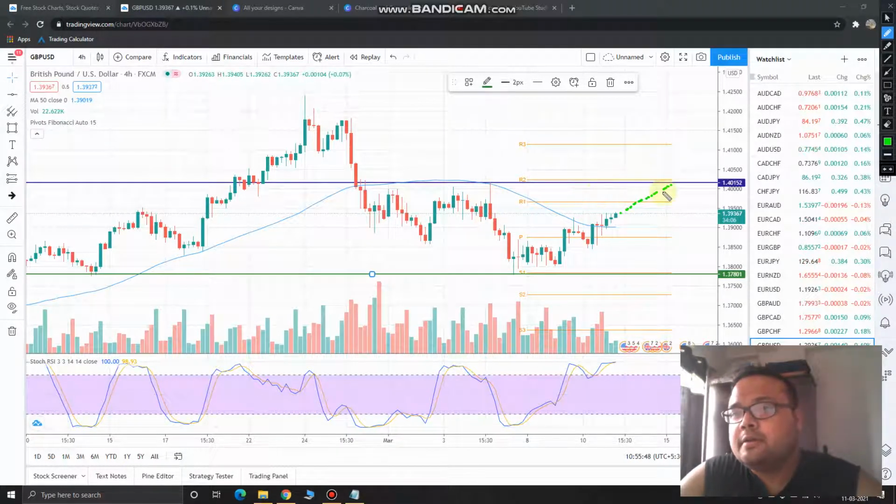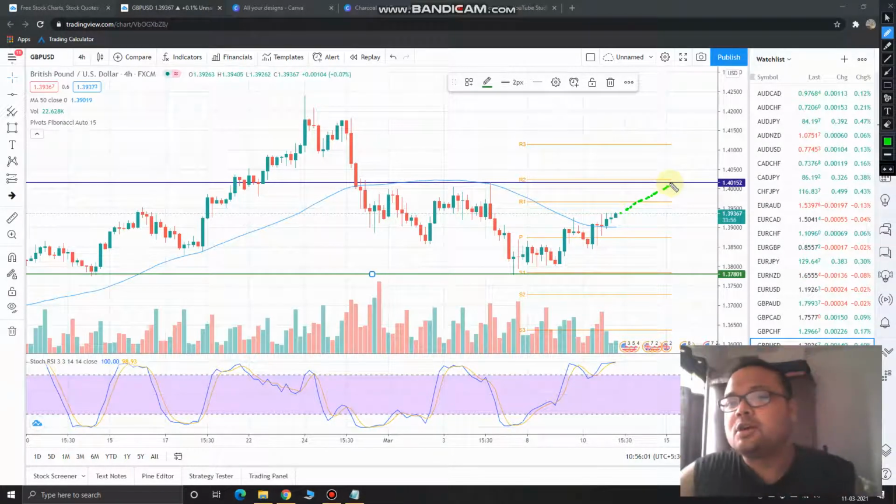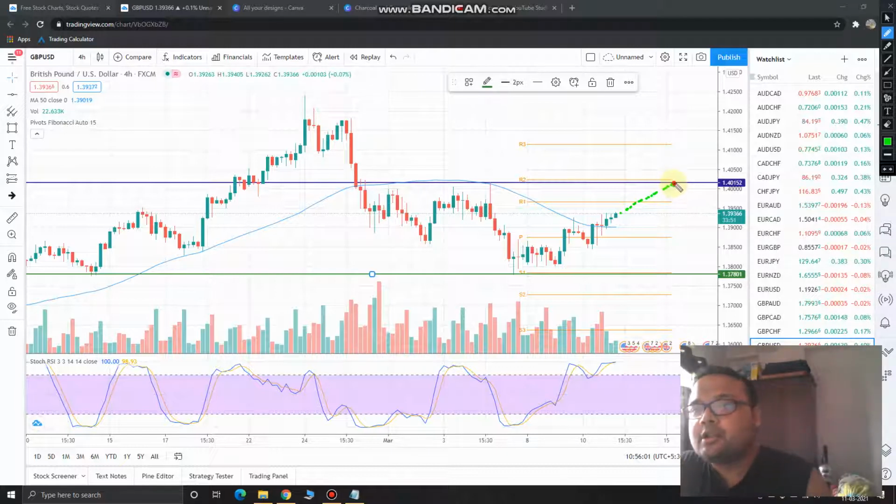If you see that after hitting this resistance, market is unable to cross the line, and market is struggling to cross, then you can short the market here.